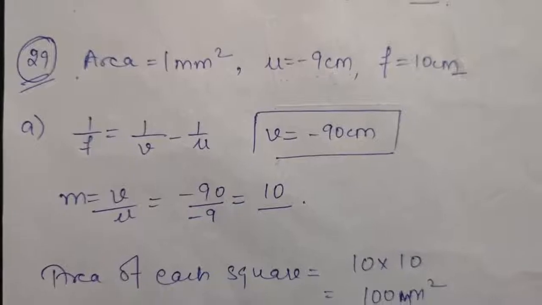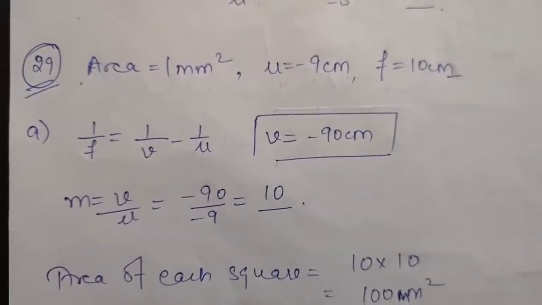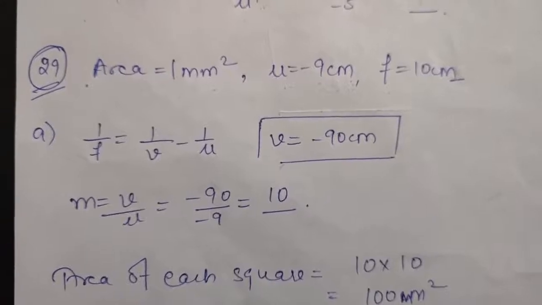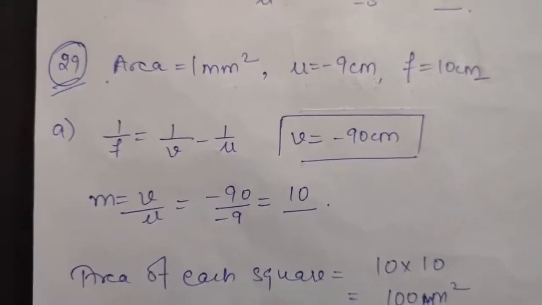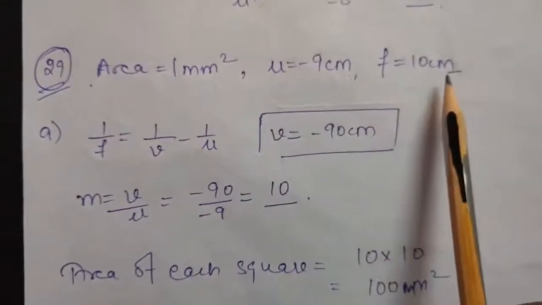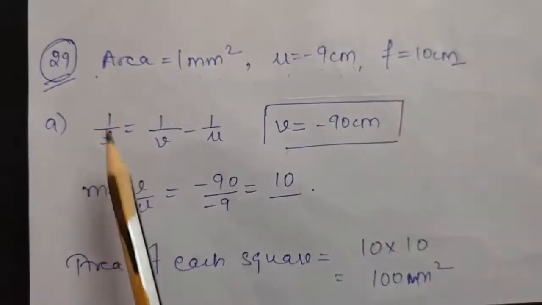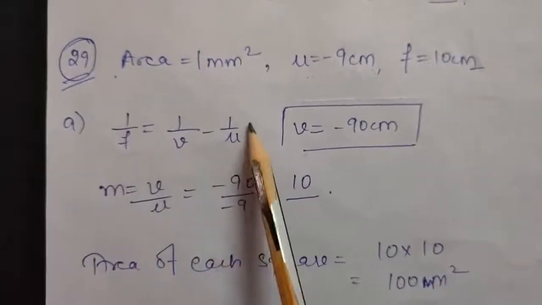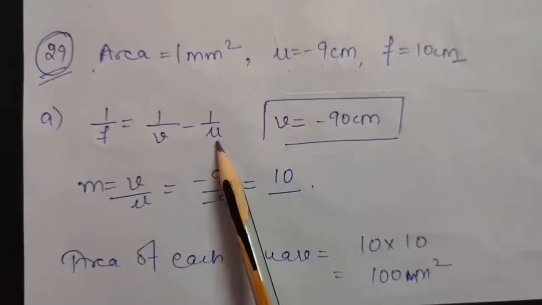In the first part of the question, it is asked: what is the magnification produced by the lens, and how much is the area of each square altered? As you know u and f, you can easily use the lens formula and calculate v. So 1 upon f is equal to 1 upon v minus 1 upon u. f is 10 centimeters, u is minus 9 centimeters.